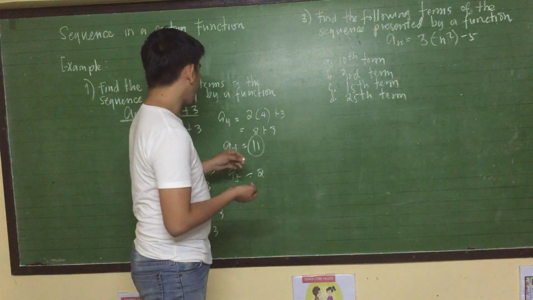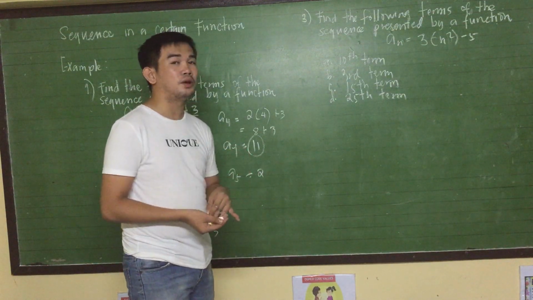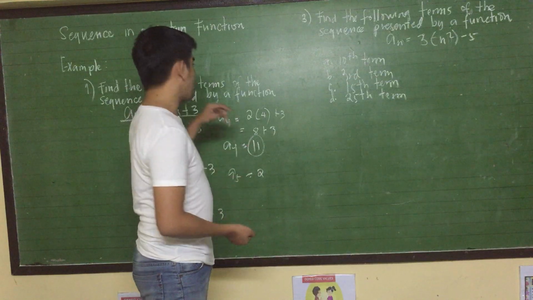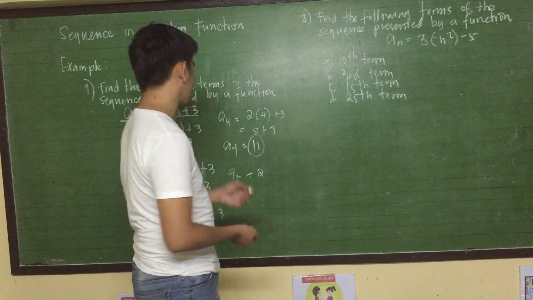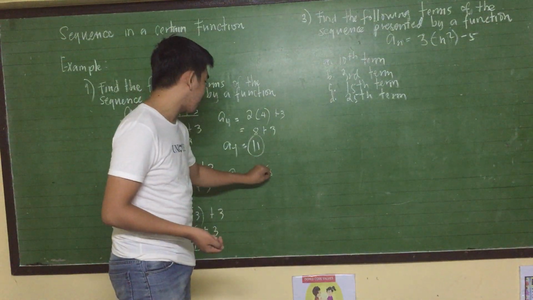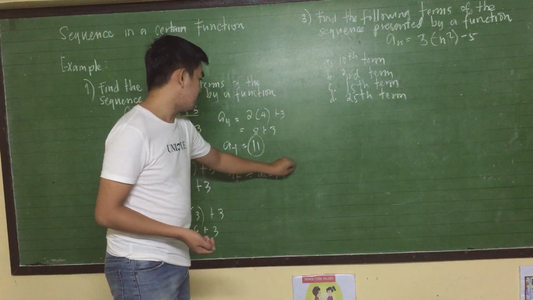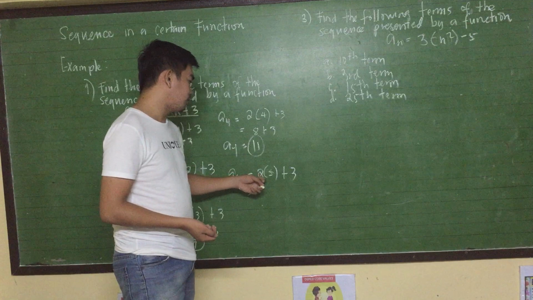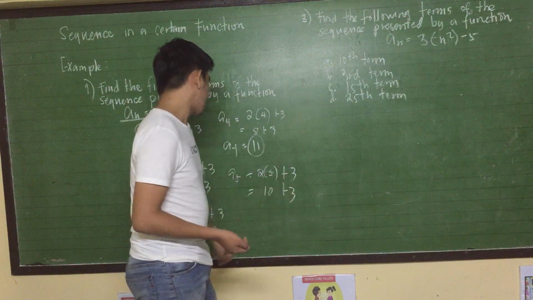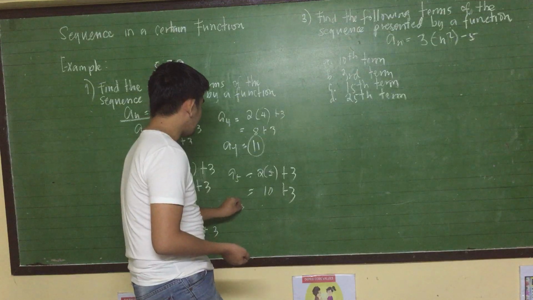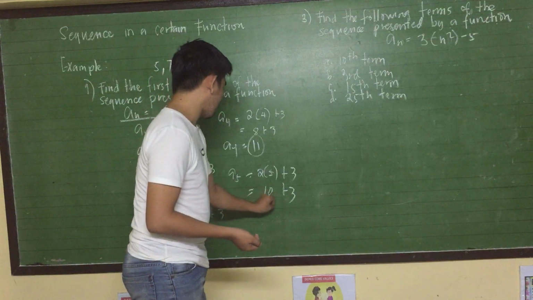Again and again, we will just substitute the value of n by the term that we are looking for, or kung ano lang ba yung hinahanap natin. So now we have 2 times 5 plus 3. Then we have 2 times 5, we have 10, plus 3. And then our a sub 5 is equal to 13.